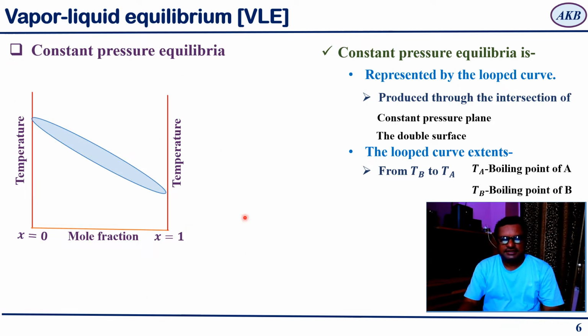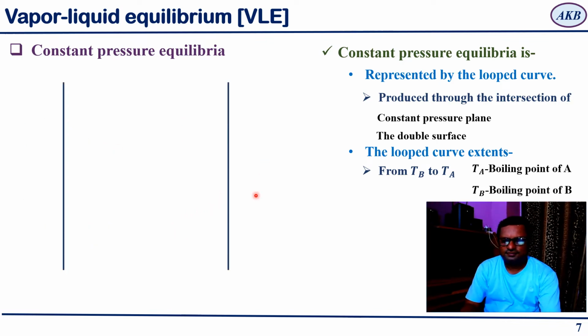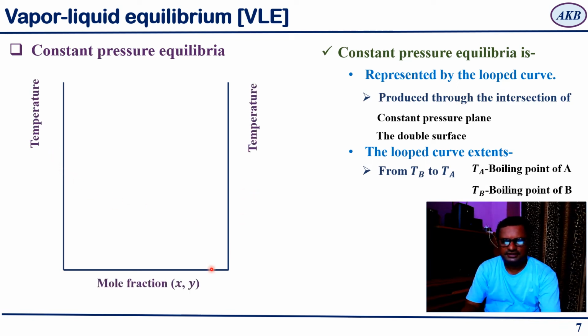Now let us represent this loop curve in a proper way, and then we will understand that. You have temperature plotted on one axis and mole fraction plotted on the other axis.